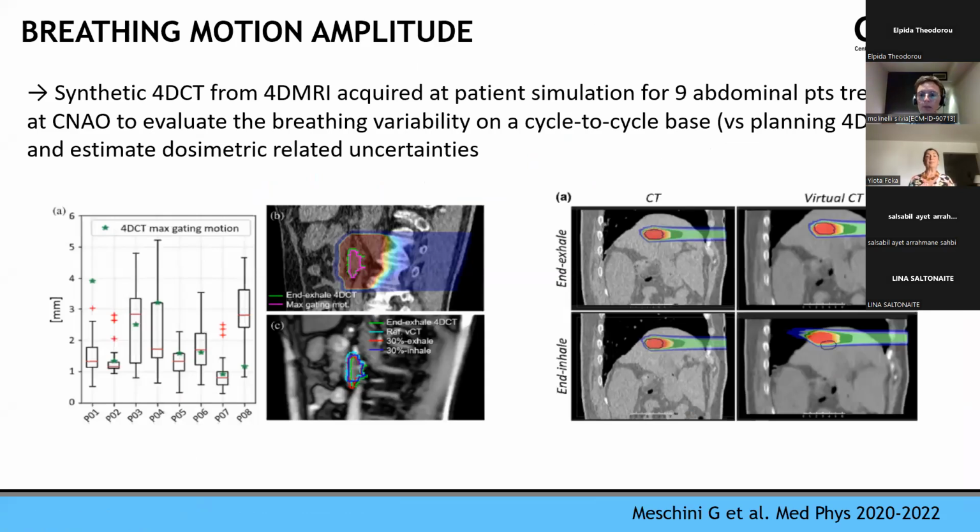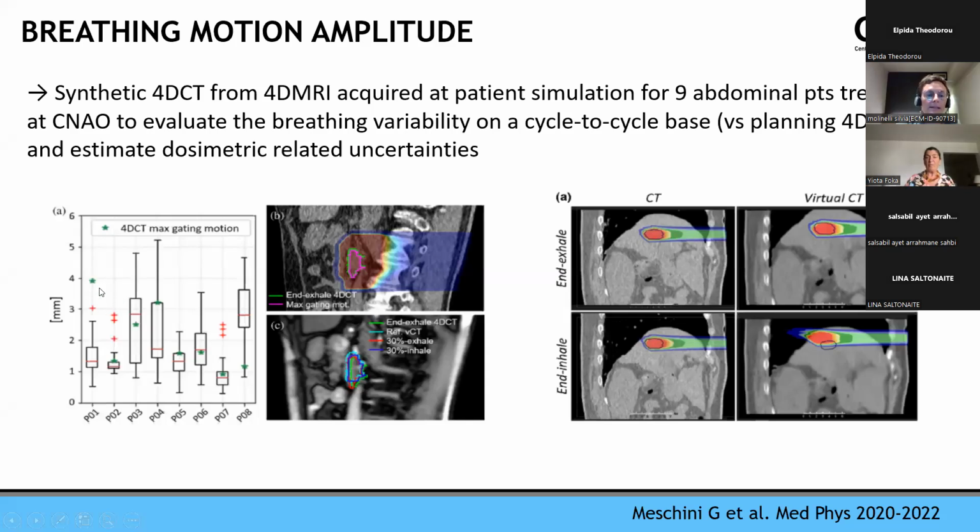Every time the patient came to do the simulation, he was then moved to the MRI scan, and we were acquiring the MRI with the same immobilization system. We used it to test the tumor movement inside the gating window. And here you see 8 patients, sorry.